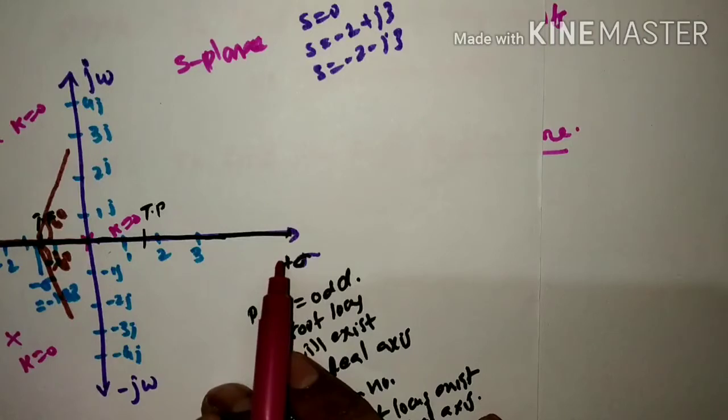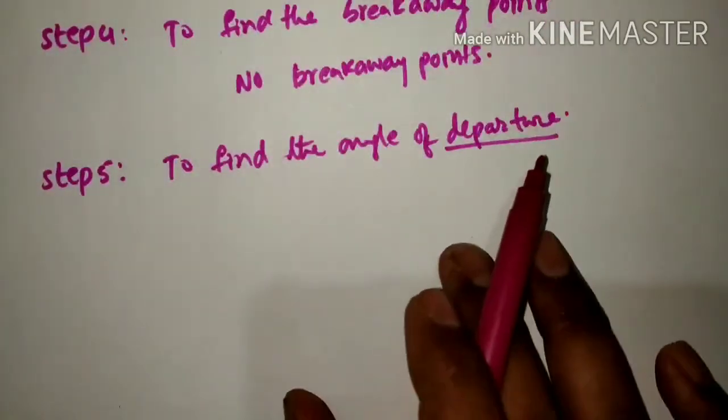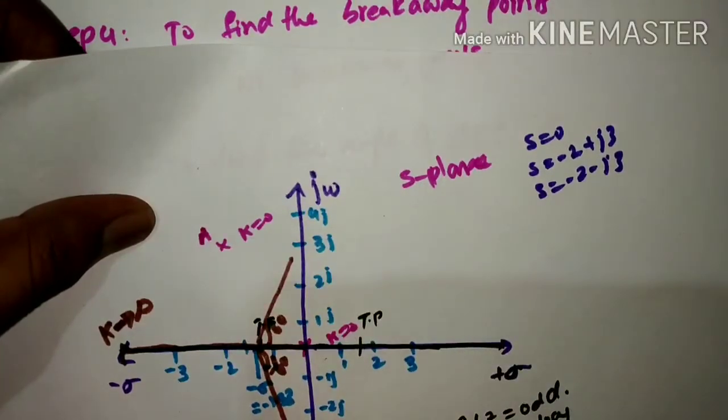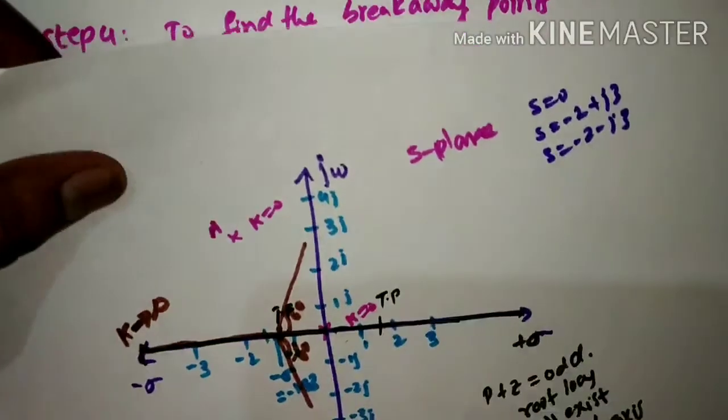The formula is here for the angle of departure. This one I am taking as A and this one as A dash.